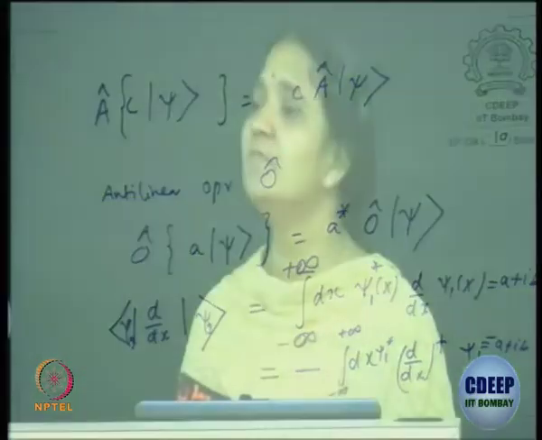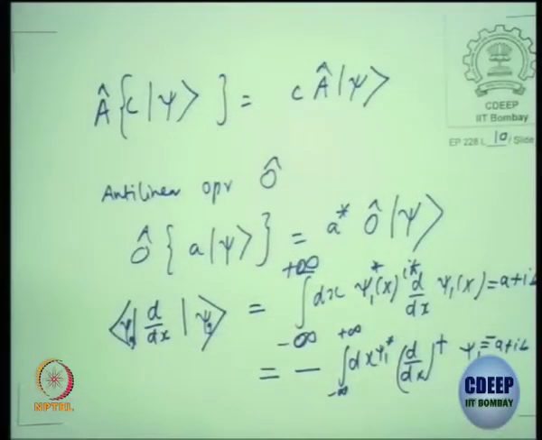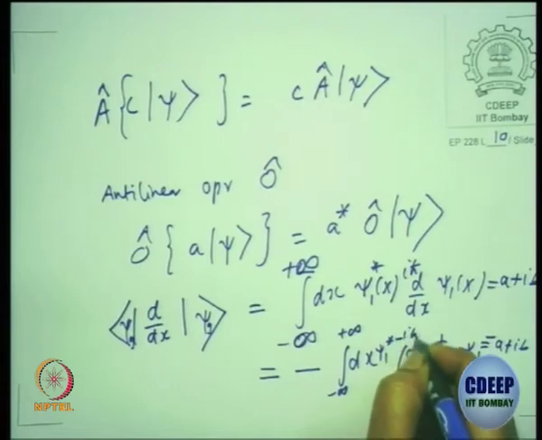Observables should have real eigenvalues, and the expectation values, which by Ehrenfest's theorem are related to your classical results, have to be real. So the only way you can make it real is you put an iħ here, then this will become a minus iħ.